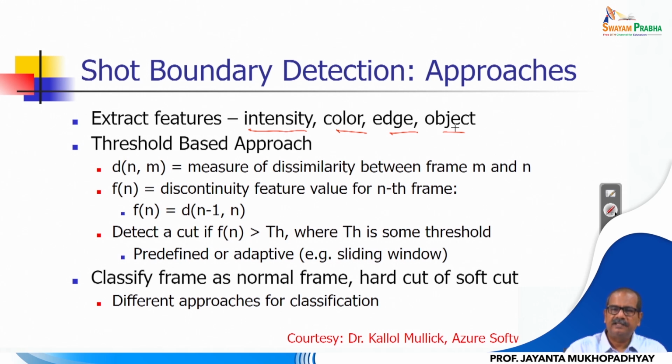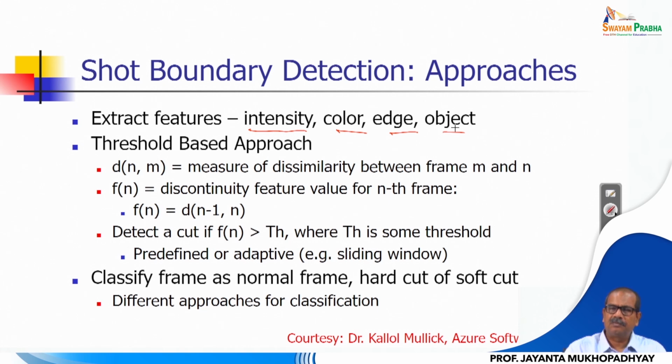This measure gives some kind of numerical representation. It could be a vector, it could be a scalar value. And then you expect that for the same shot, the changes of this measure are slow and smooth. But when there is an abrupt change, then you consider there is a transition.